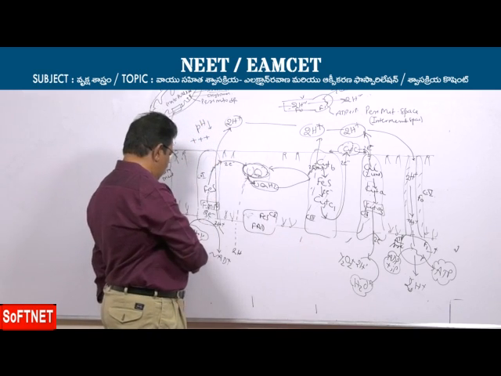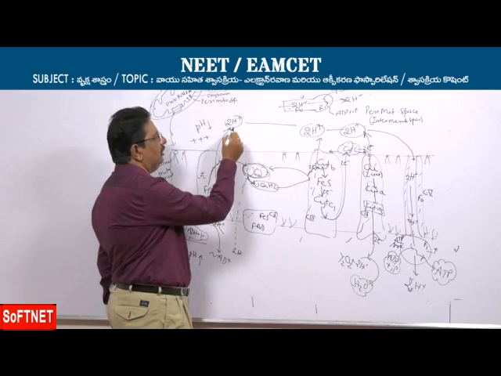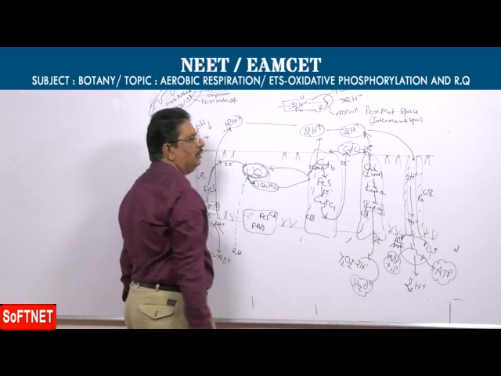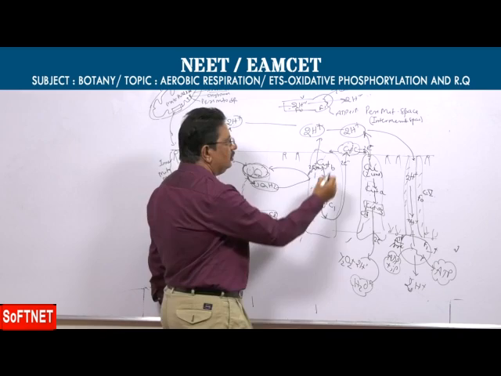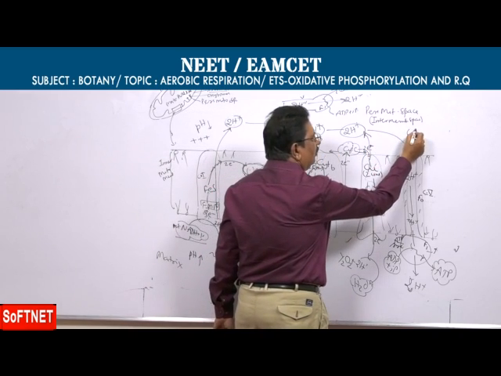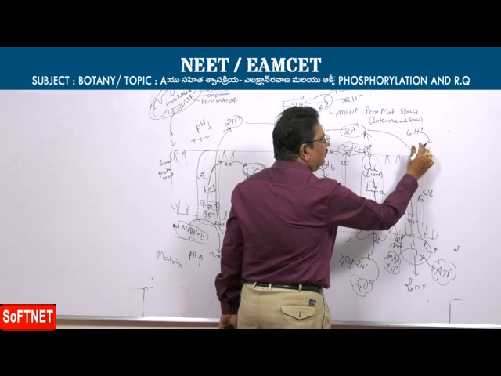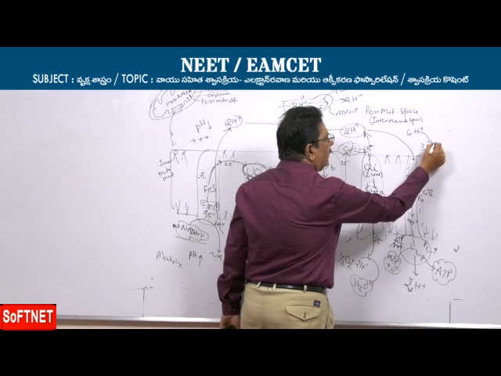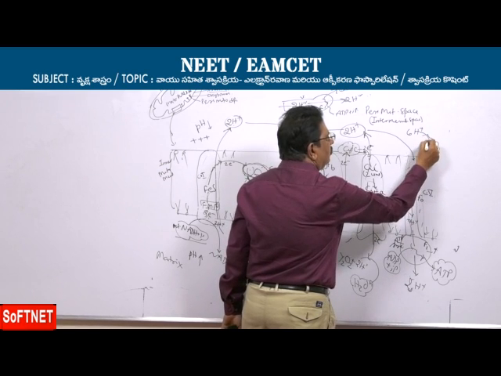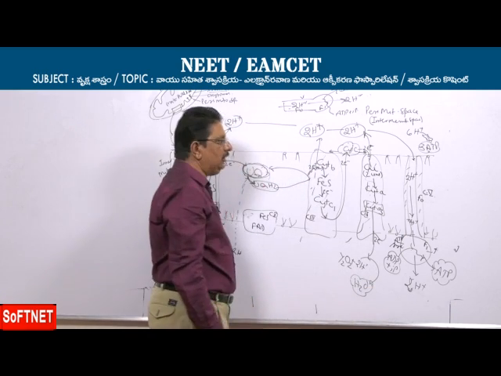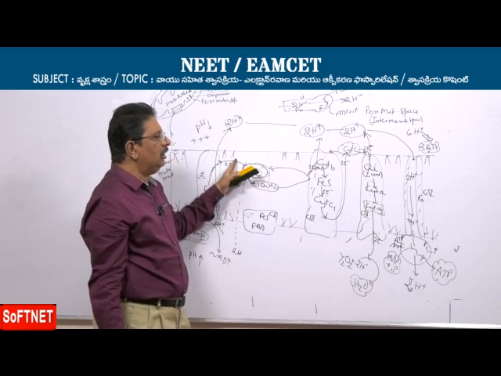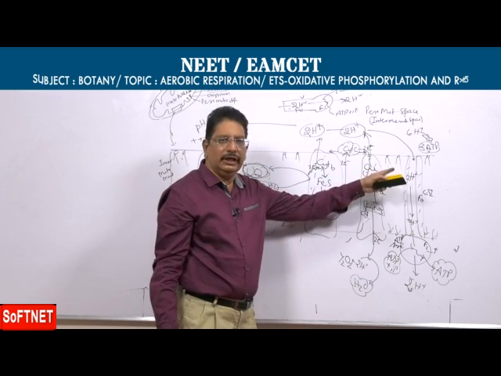So, here for mitochondrial NADH oxidation, how many protons are accumulated? 6. So, 6 protons travel yields 3 ATP. So, through the 5th complex, if 6 protons travel, there are 3 ATP.